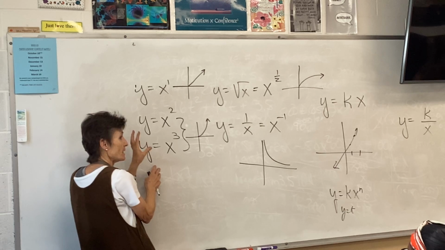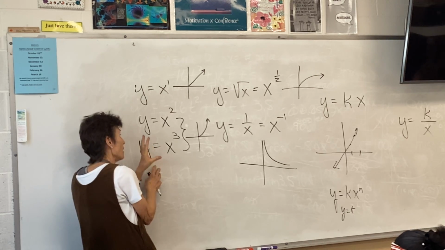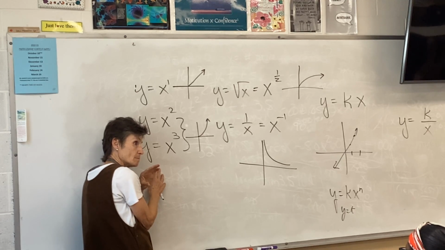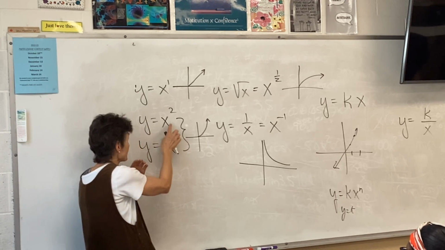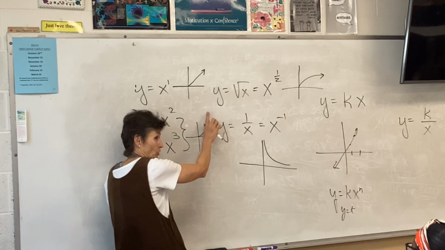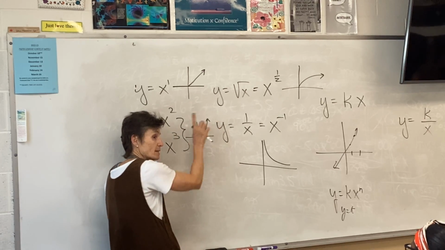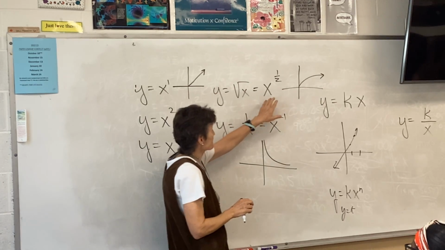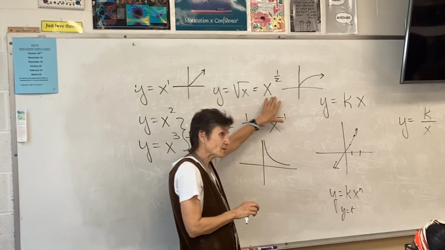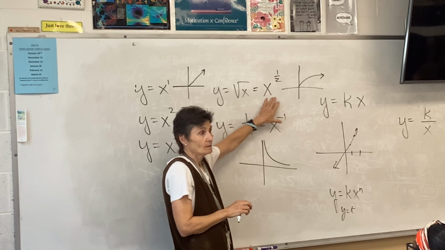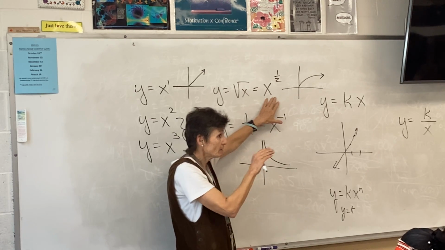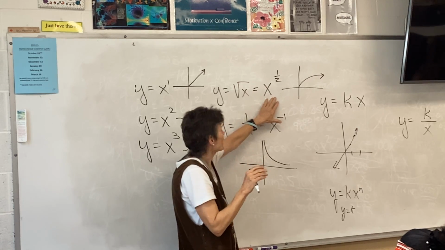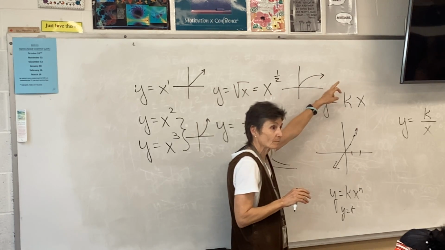If your exponent is any other positive number bigger than 1, like 2 or 3, it's going to look like this. In quadrant 1, it's going to have that shape. If it's a fraction, so between 0 and 1, like 1/2, 1/3, 1/5, 2/5, it's going to have this shape.